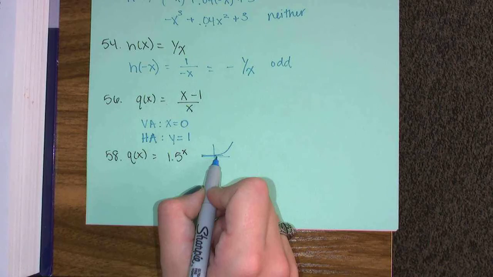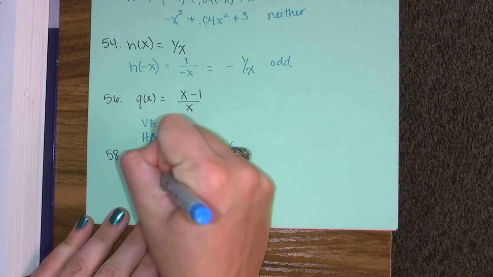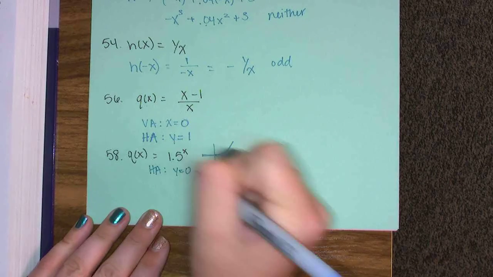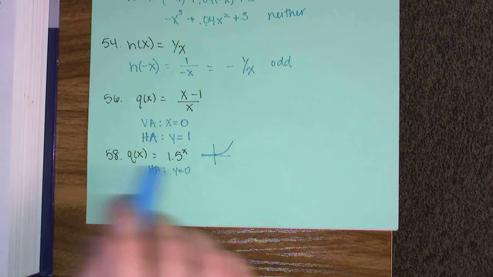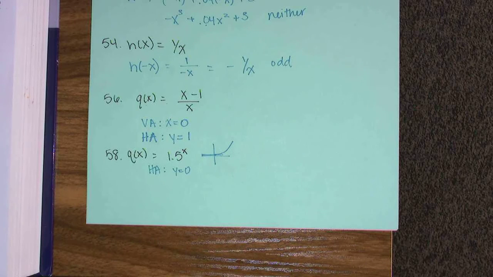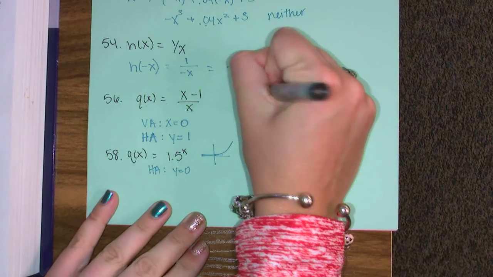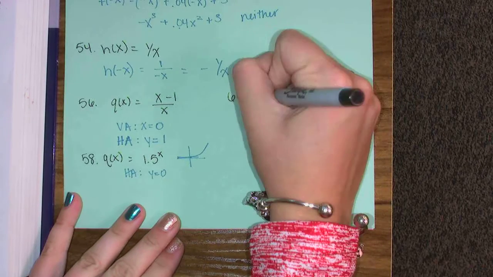So technically the horizontal asymptote is at y is equal to 0, but I'm not giving you one like that. I'm just worried about the ones that are fractions right now. If you don't understand this one, don't worry about it. I'm just giving you the information in case you were to see it on an SAT, not likely to come up, but I guess it could.